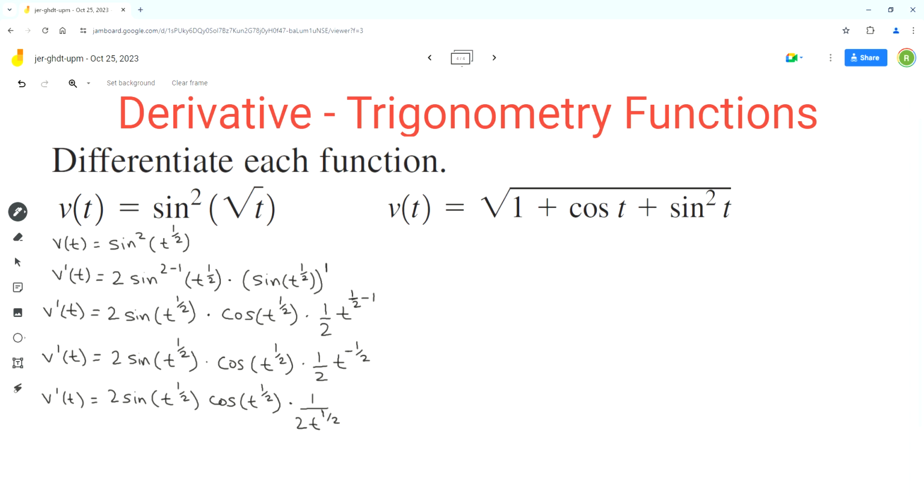Now we can multiply all of these terms. So the 2 sine cos terms will stay in the numerator and the 2t to the power half will go in the denominator. So now we can cancel out the 2's.